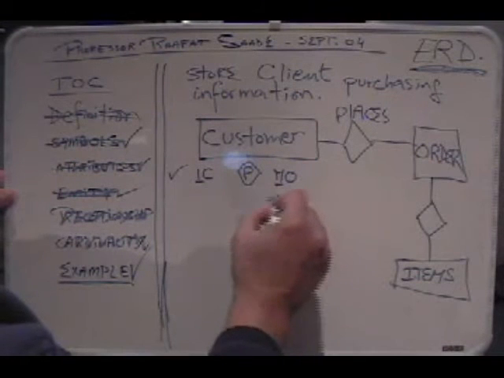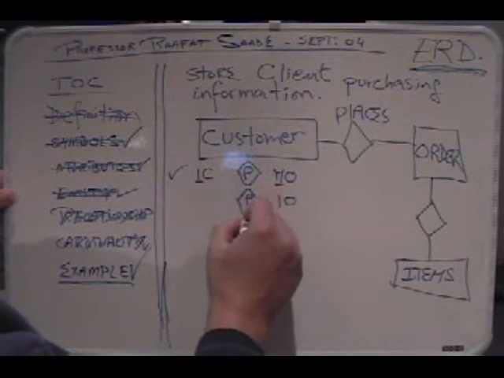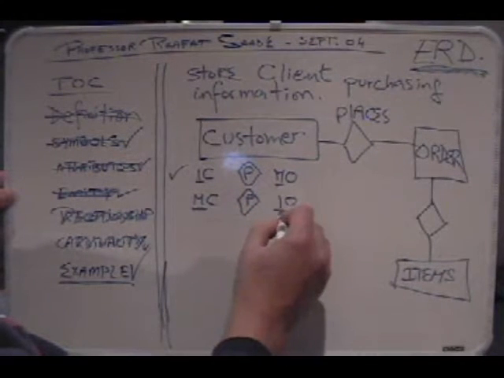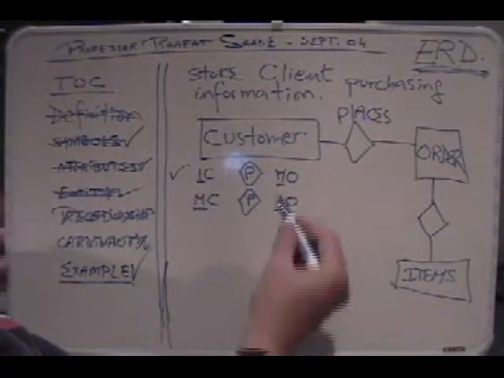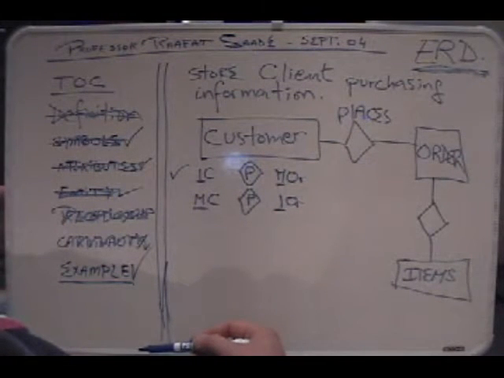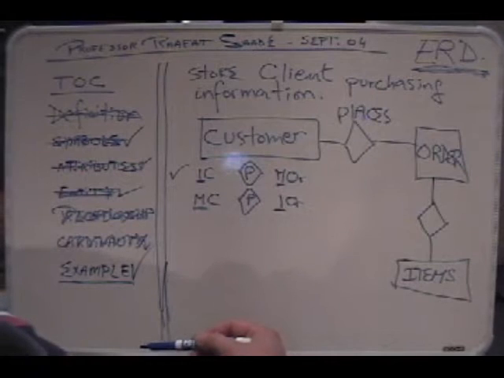Can one order be placed by many customers? Just for argument's sake here, think about it. A lot of you might jump and say yes. Think about it for 2 seconds. We're talking about an order, a purchase order.